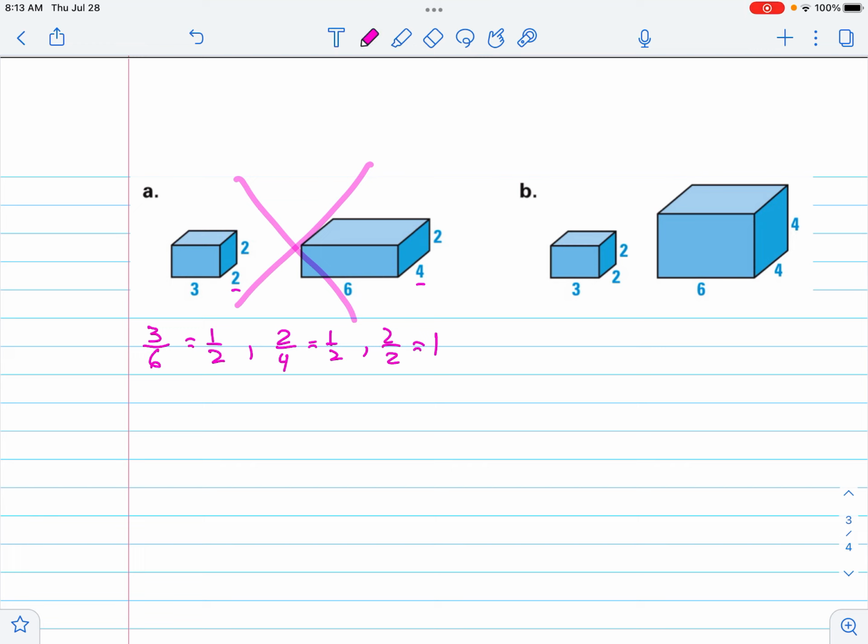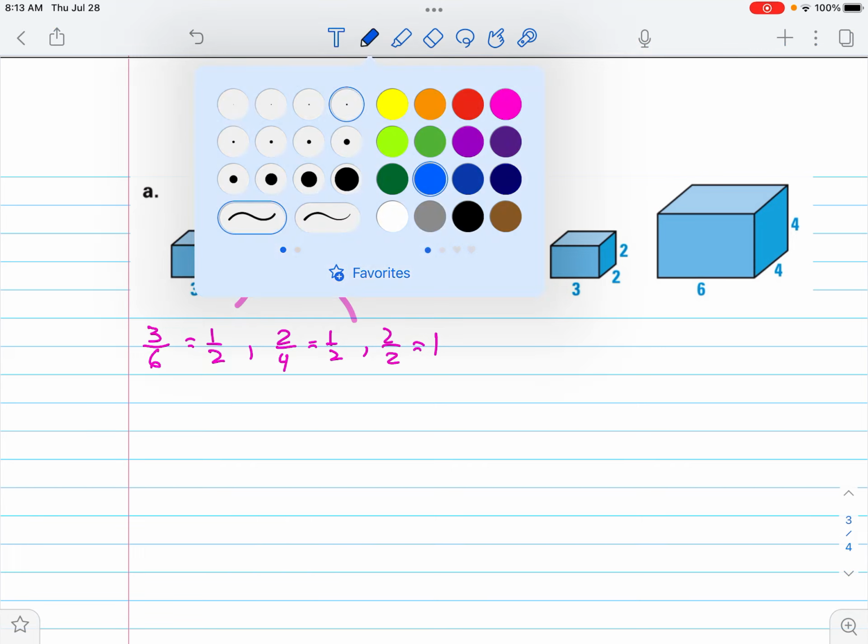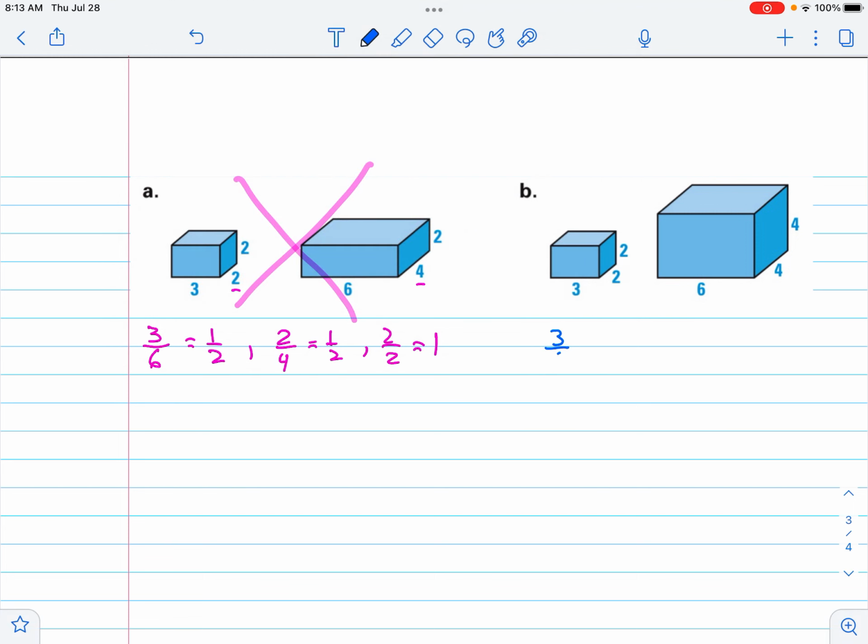Now, I come over here to this next one, and I notice I've got 3 over 6. That's 1/2. I've got 2 over 4 is 1/2. And then 2 over 4 again, 1/2. All those have the same ratio.